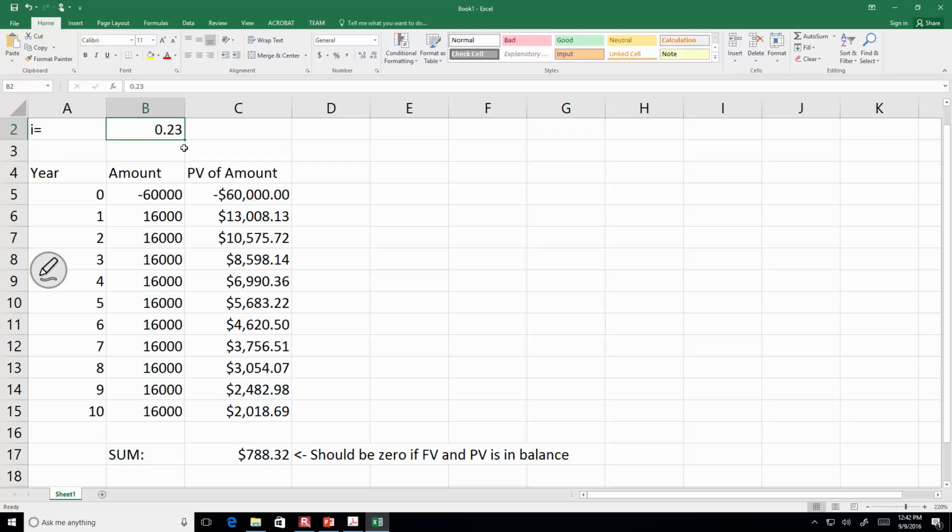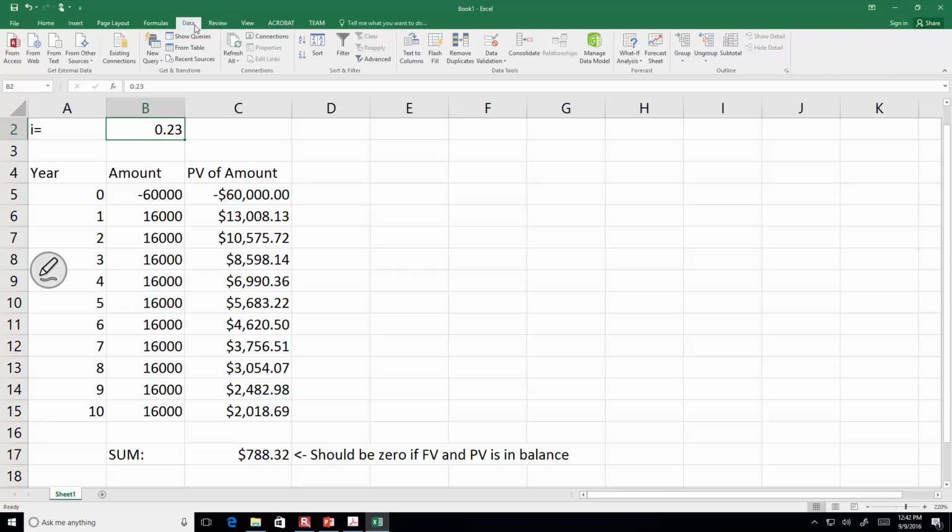There's a way to automatically search, and it's here under, let's see, data, what-if analysis, goal seek. I'm trying to make that one be equal to 0, and I'm giving Excel permission to play around with the interest rate until it equals 0.